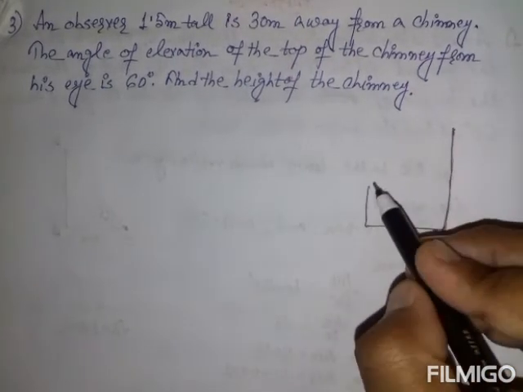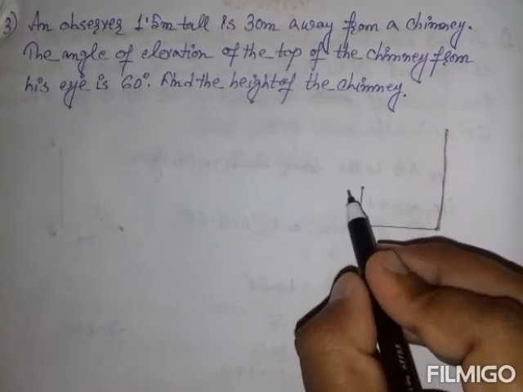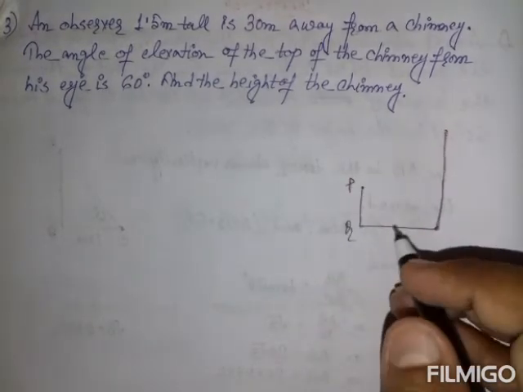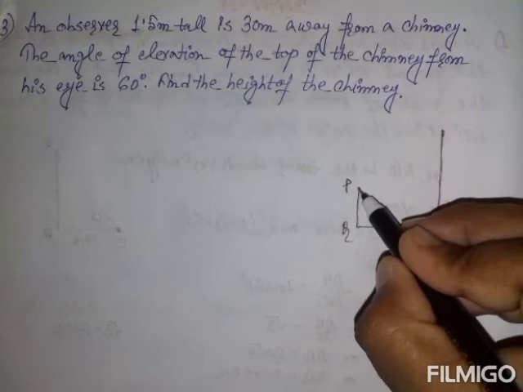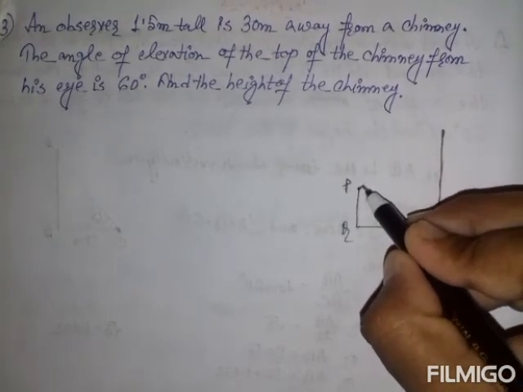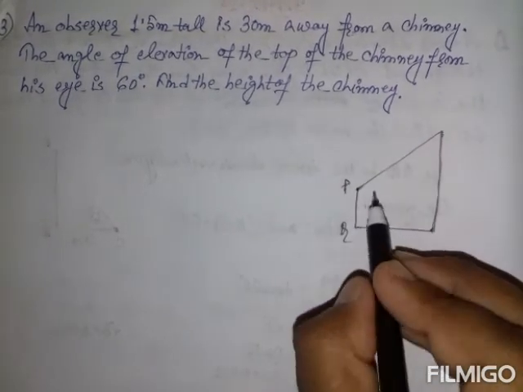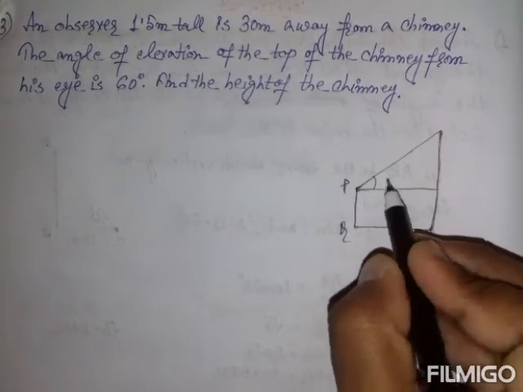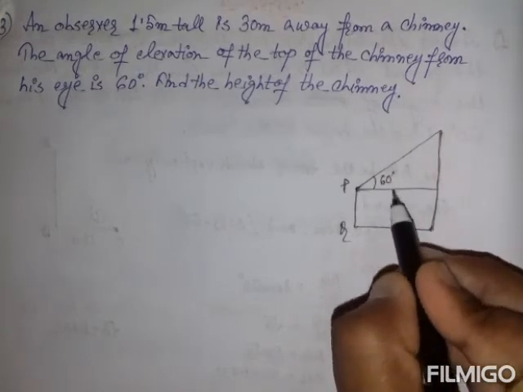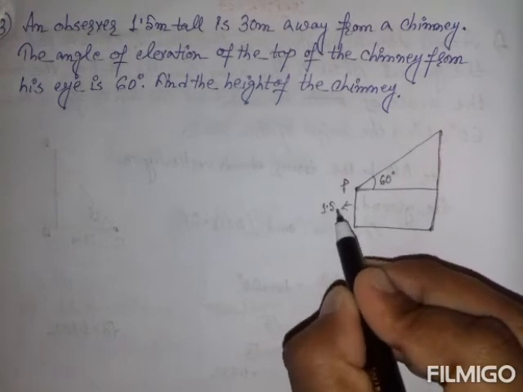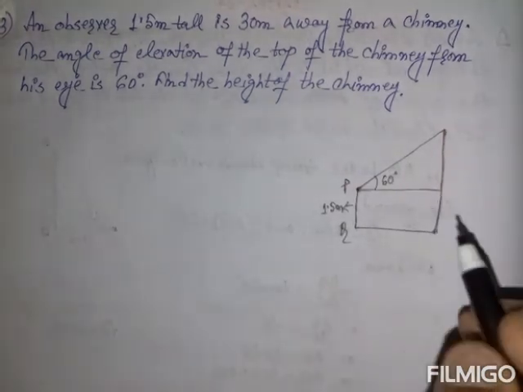Okay. From his eye, PQ is the total height of the observer. P is the eye, and from there, top of the chimney, this is the angle of 60 degree. Okay, PQ is equal to 1.5 meter.